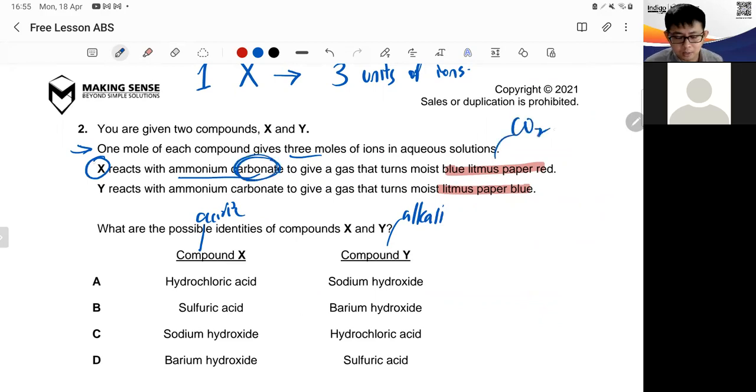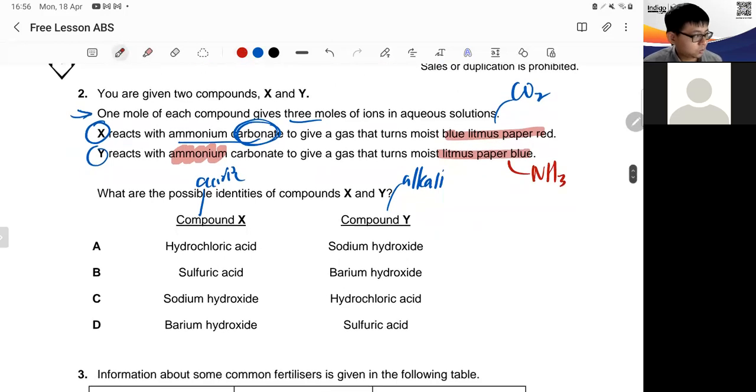That's why it's acidic. It's the gas that's acidic. Y reacts with the ammonium portion of the compound to give ammonia gas, which is alkali. So all we need is to tell which one is the acid, which is alkali. So this is this one. B.